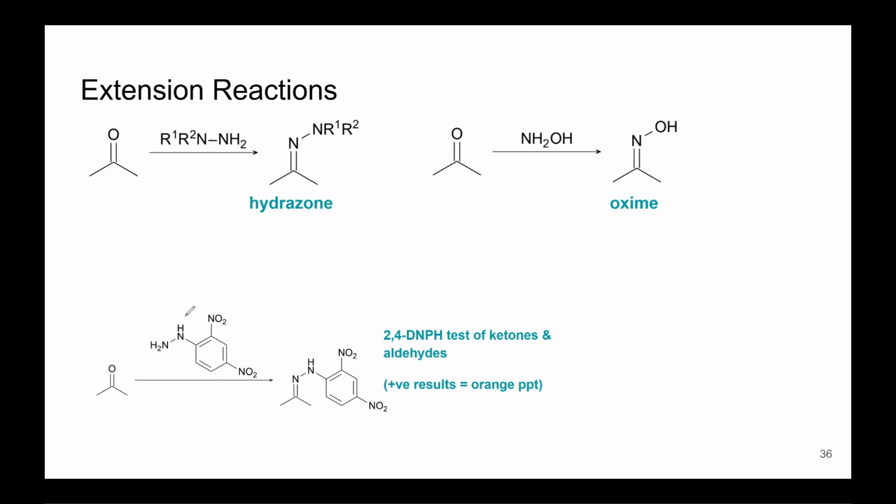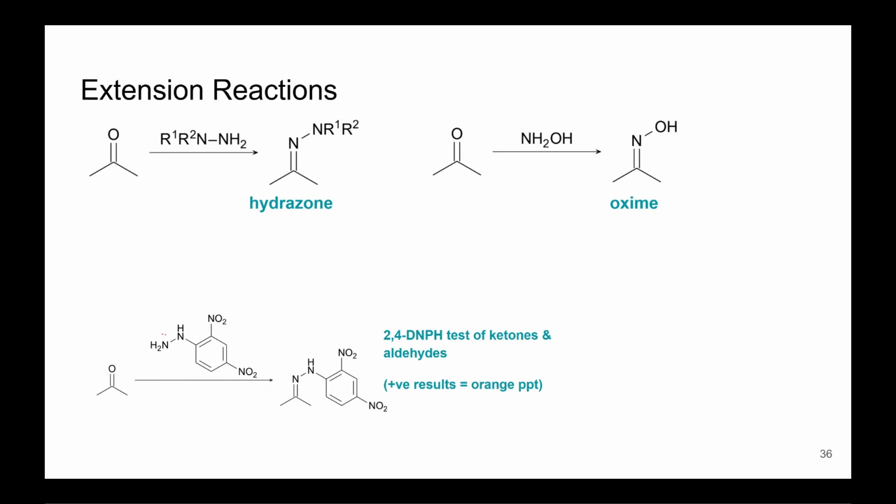You want to react with a ketone or aldehyde to cause the loss of carbonyl oxygen, so this one will attack the electrophilic carbon. That will cause you to form this compound, which is bright orange. So when you have a ketone or aldehyde present, you will see an orange precipitate forming after you have added this.